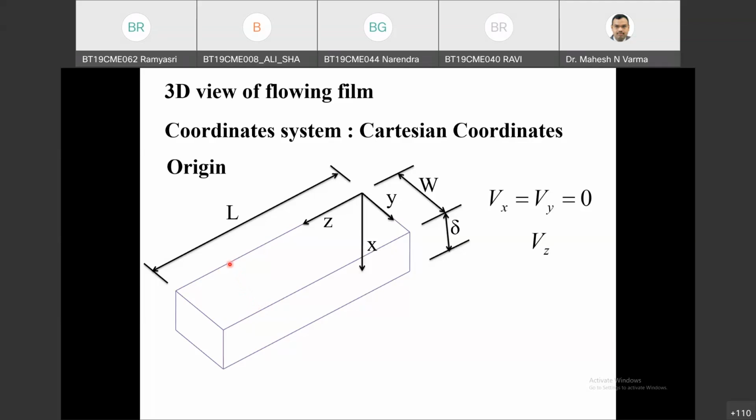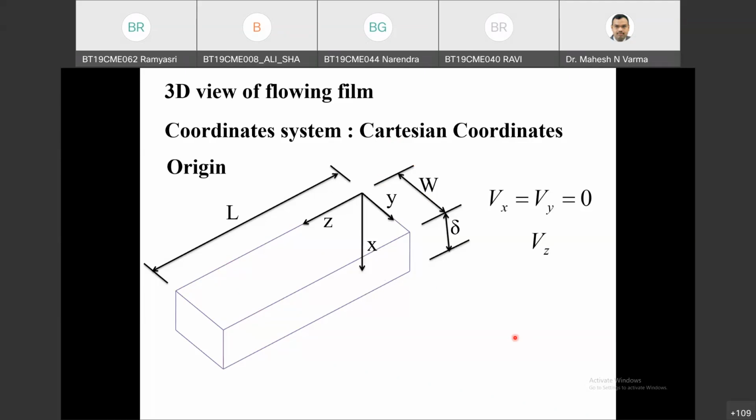But whatever the increase and decrease in velocity, that is in a very small area as compared to the large W. That is why we consider Vz a function of x only. The logical answer for this is that end effects are neglected. So Vz is a function of x only.